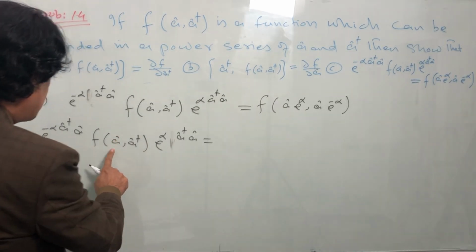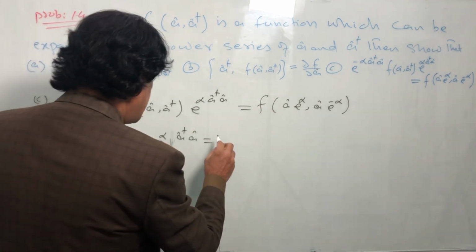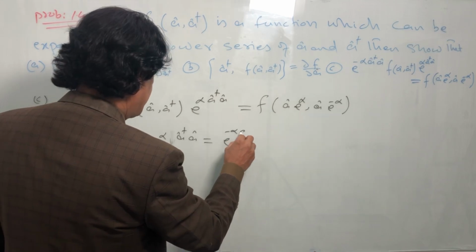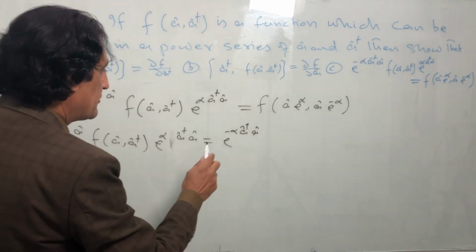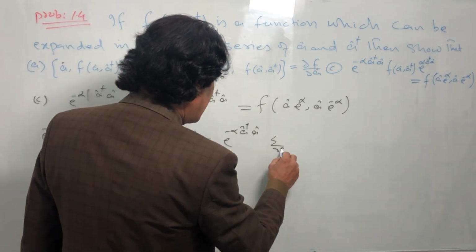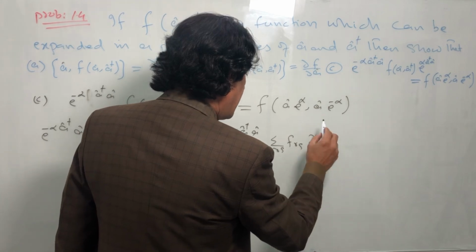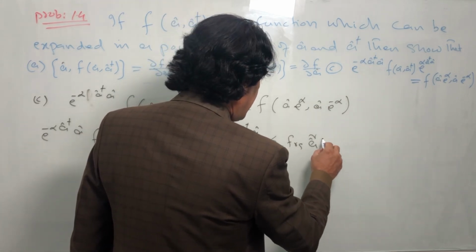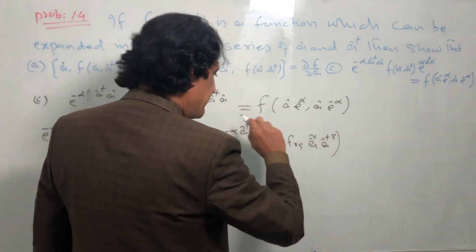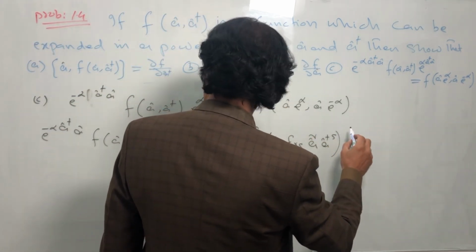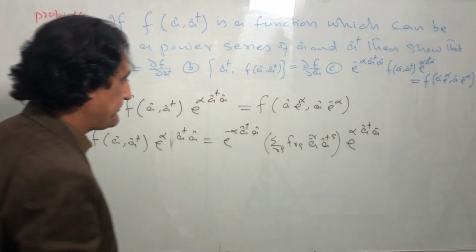and let us put in the value of f of a and a dagger. So we have e to the power minus alpha a dagger a, and the value of this we already know is the summation over r, s of f rs, a to the r and a dagger to the s. This is what we previously considered.